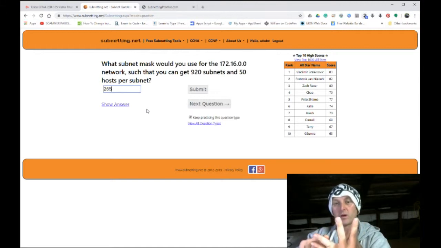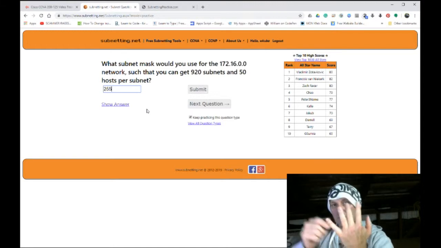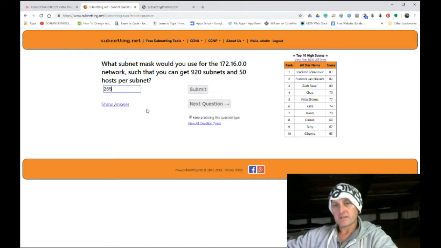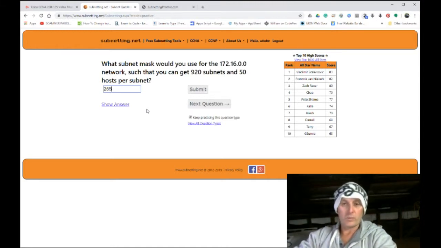The next one is 512 and doubling as you go. So we know we're dealing with only the last octet, the 4th one. We're not interested in 255 for the first octet, the second octet, or the third octet. But we are interested in the 4th octet.